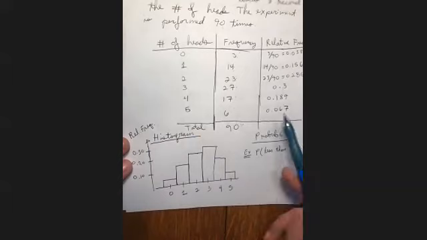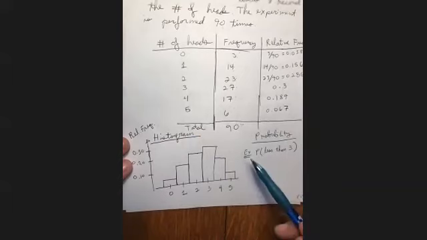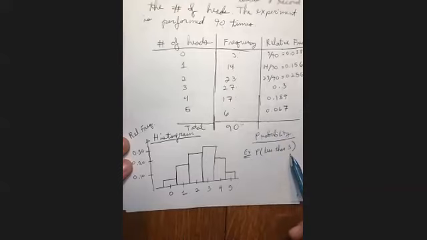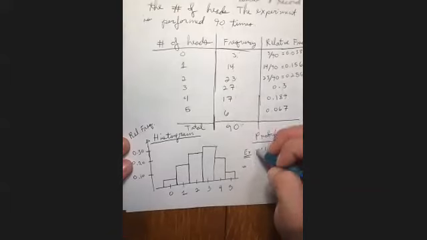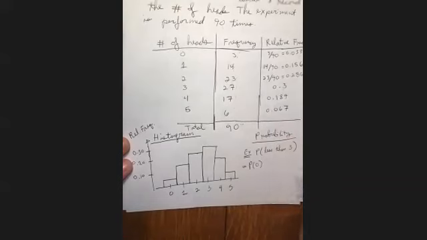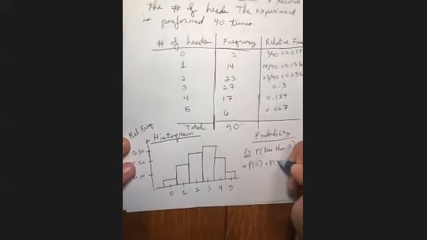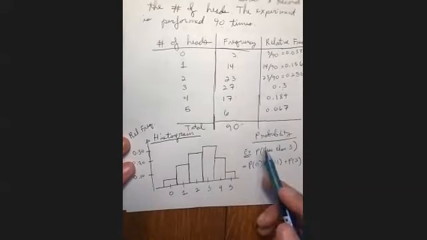For instance, if I wanted to calculate the probability that out of 5 flips there will be less than 3 heads, how would I calculate that? That would be equivalent to getting 0 heads, getting 1 heads, or getting 2 heads. Those are all the possibilities of having less than 3.